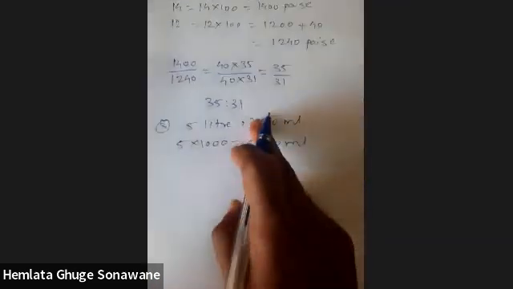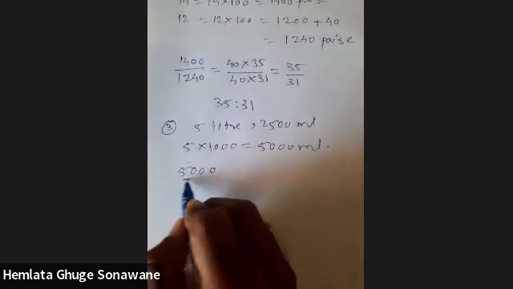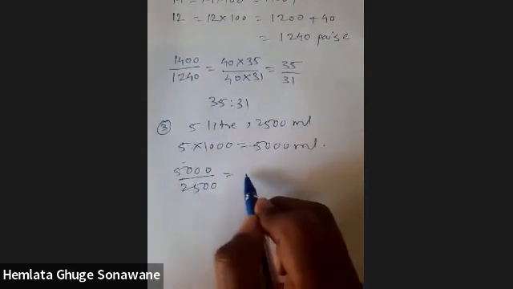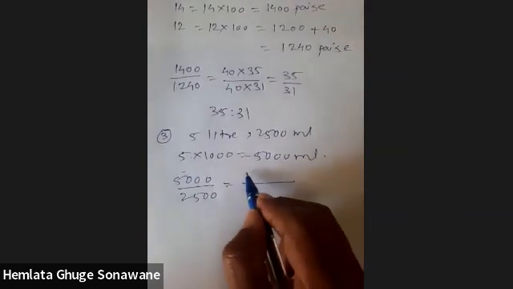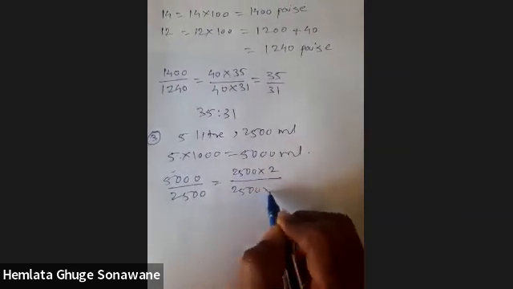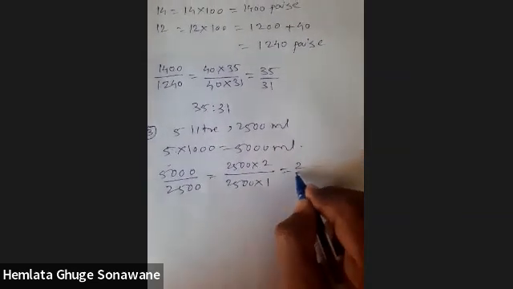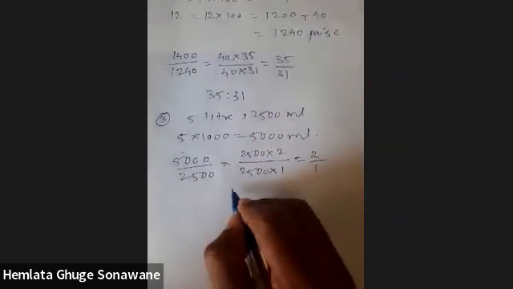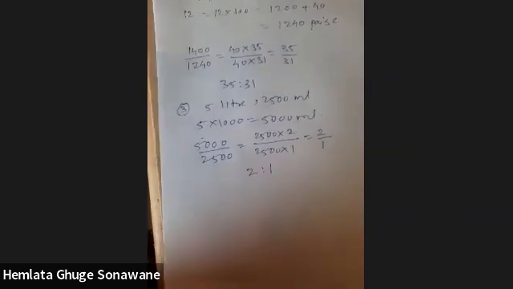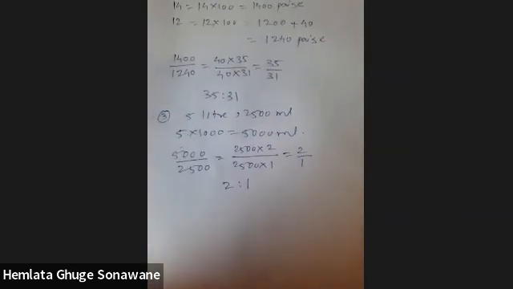Okay, now we have to find the ratio of 5000 to 2500. We can simplify this. 2500 twos are 5000 and 2500 ones are 2500. So it becomes 2 upon 1. That is 2 as to 1.